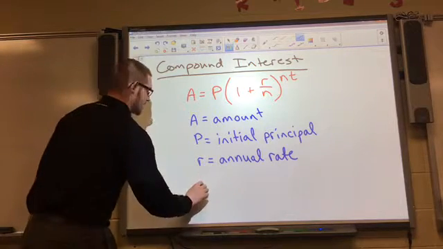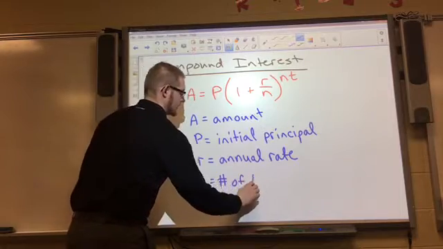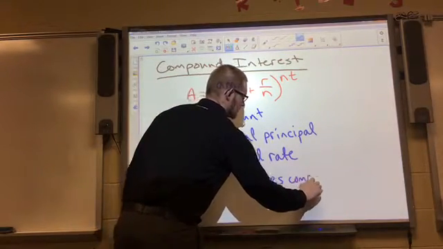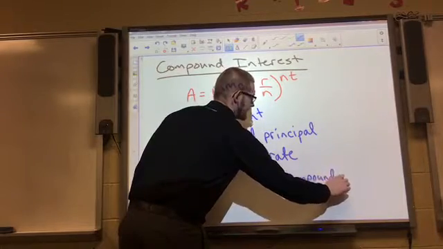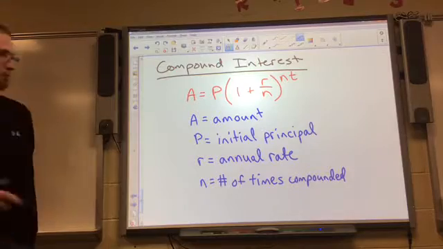Okay, and then N is the number of times compounded annually or per year.